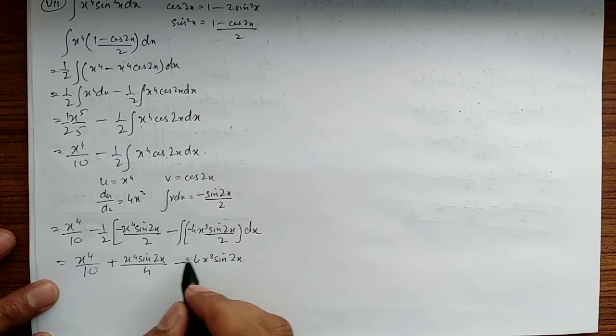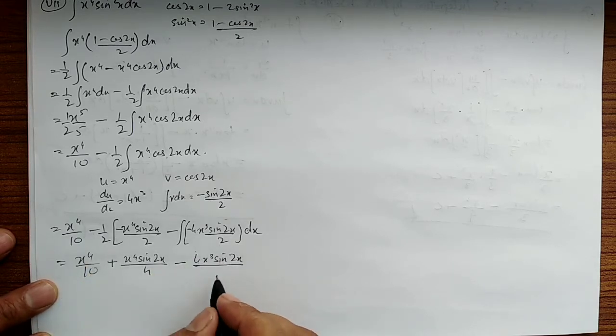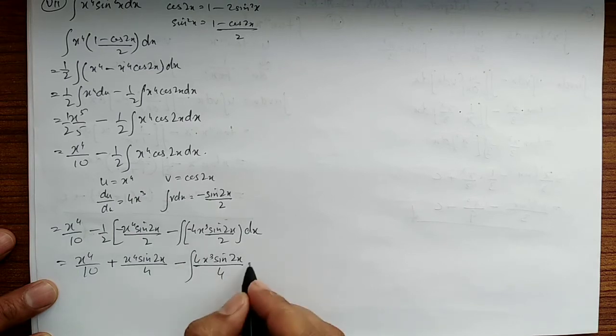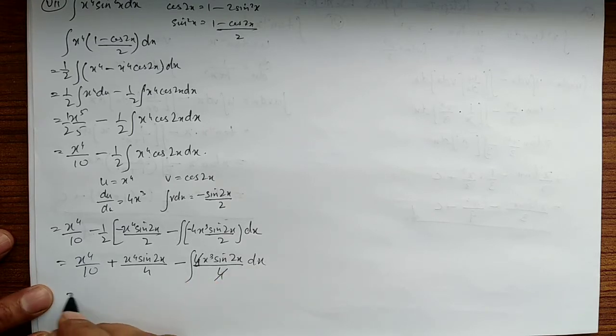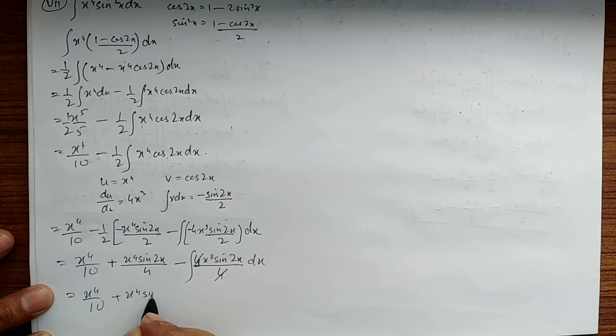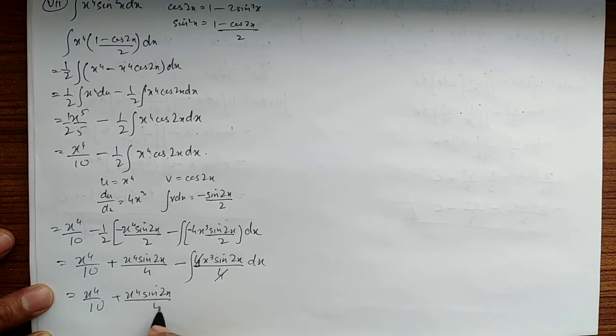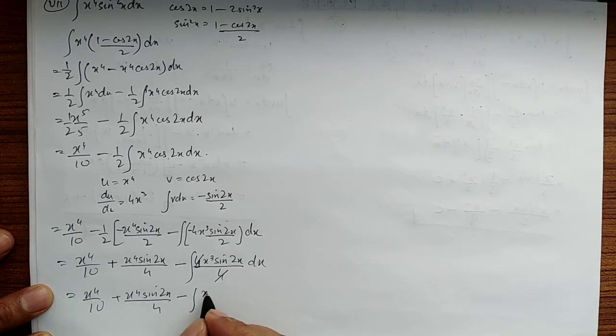Sorry, we are going to apply this integral here upon this 2 and 2, that gives us 4, and we have the integral sign over here. So we can cancel out this 4 and 4 here. x power 5 upon 10 plus x power 4 sine 2x upon 4 minus integral of x cube sine 2x dx.